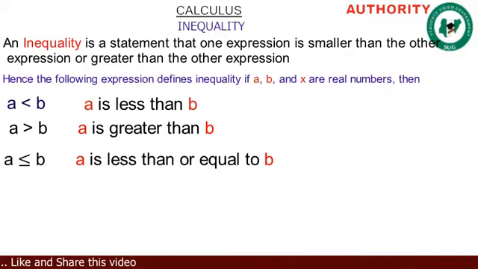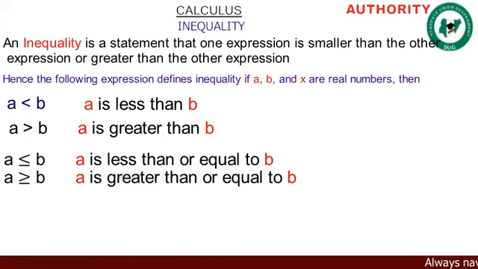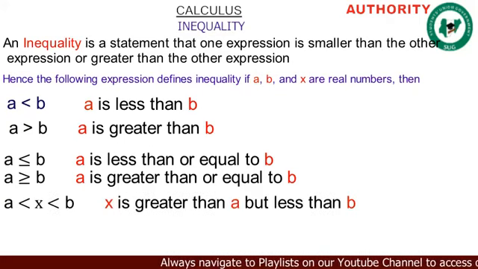All right. Now, when you have something like this, it simply means that A is less than or equal to B. Then when you have something like this, it simply means that A is greater than or equal to B. Now, do you see this?